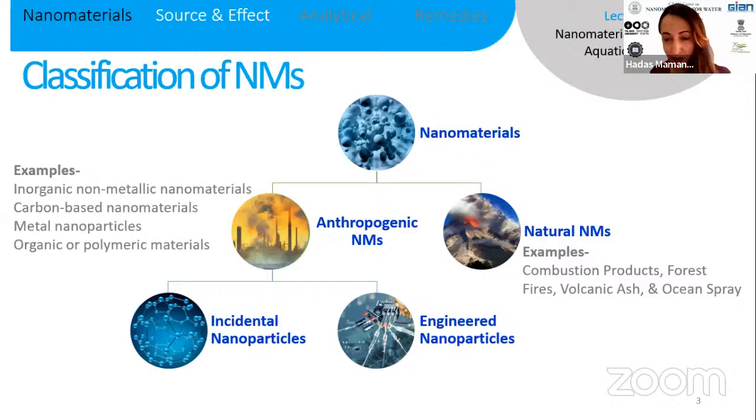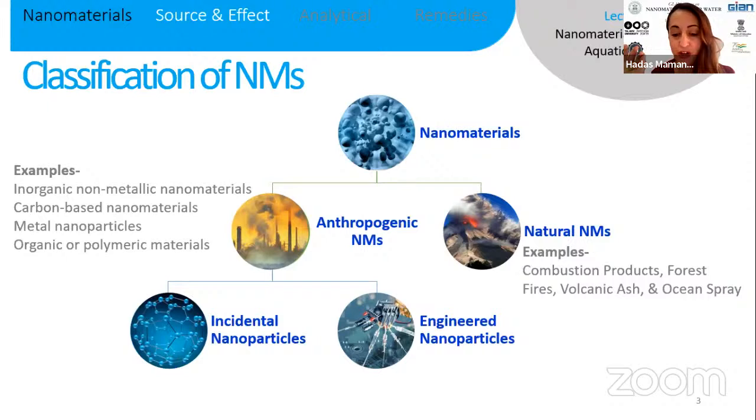Now, one of the most important classes is the engineered nanoparticles. These engineered nanoparticles could be, for example, polymeric, organic or inorganic nanoparticles. And they are specifically designed and deliberately synthesized by humans.